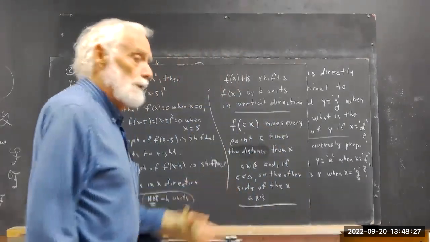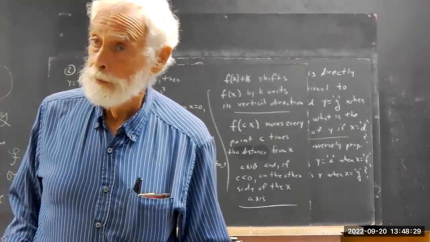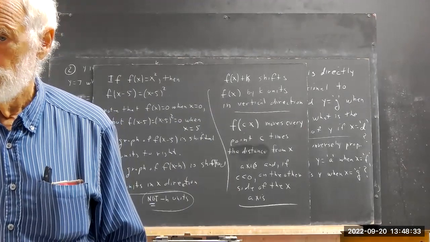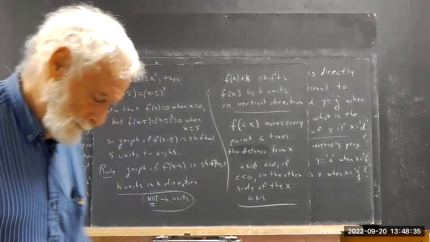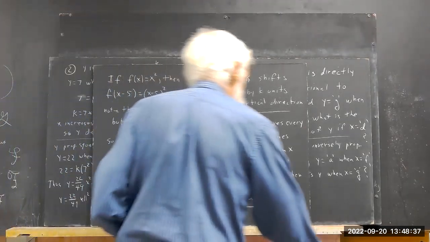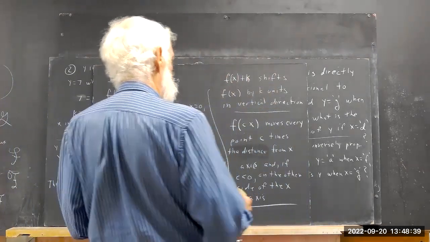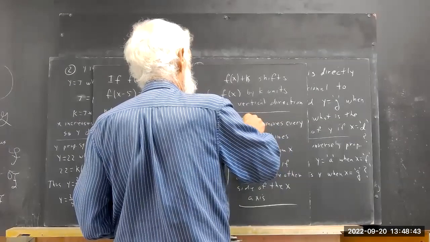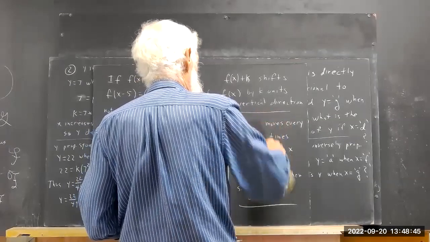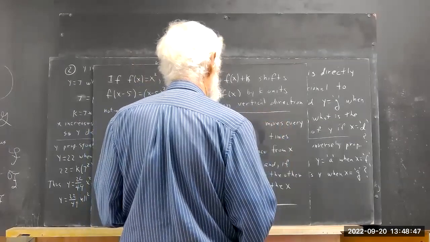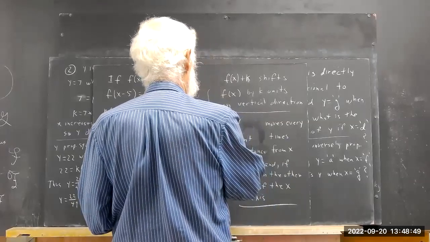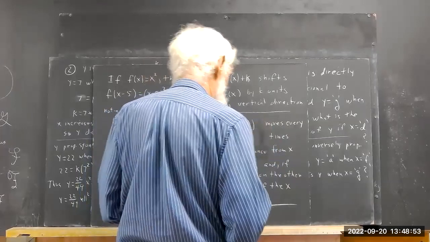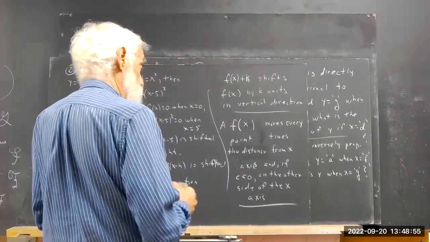And if c is less than 0, it moves to the other side of the x-axis. What I'm talking about is a times f of x.